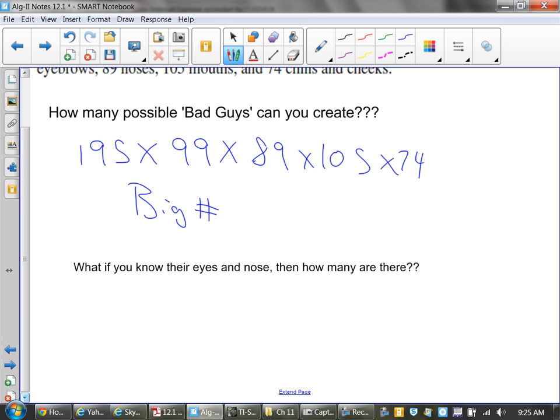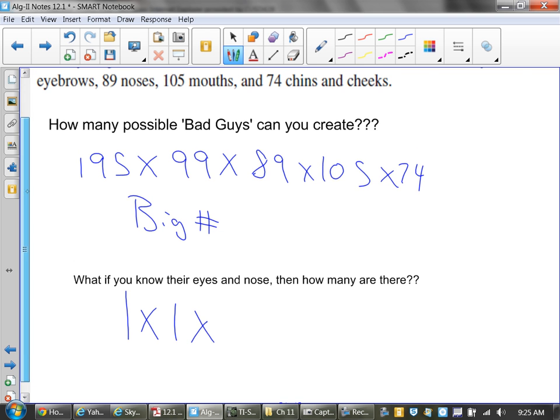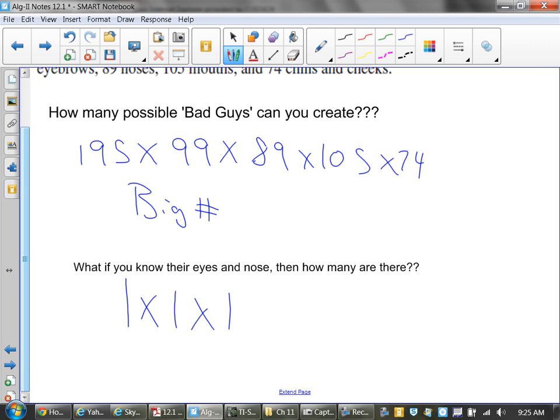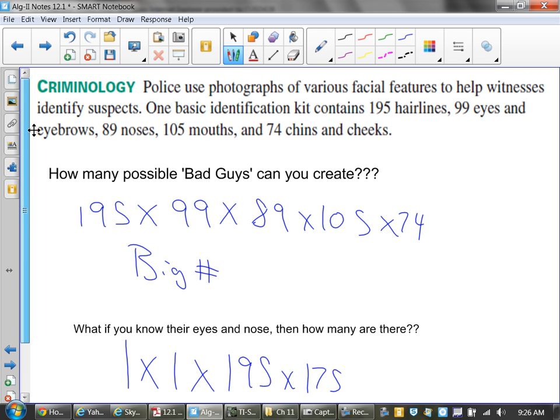So all you have to do is, if you recognize the eyes and the nose, those become 1s, and then the rest of them fill themselves in. We knew the eyes and the nose, so that means it's still 195, 105, and 74. Substantially smaller.